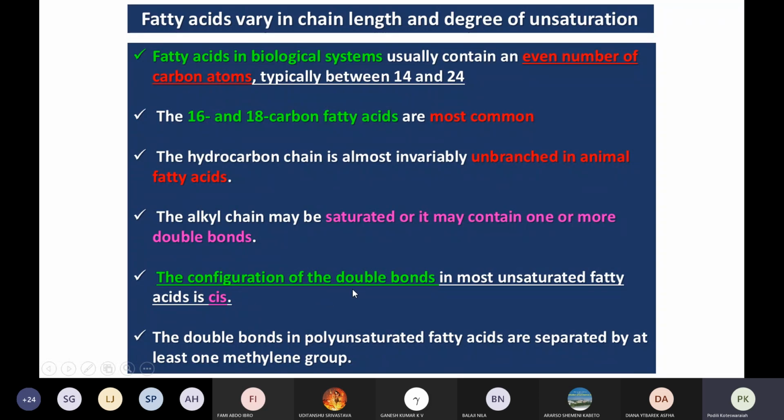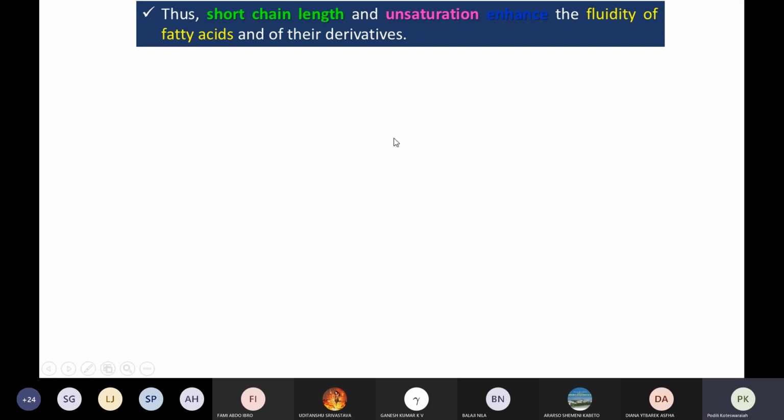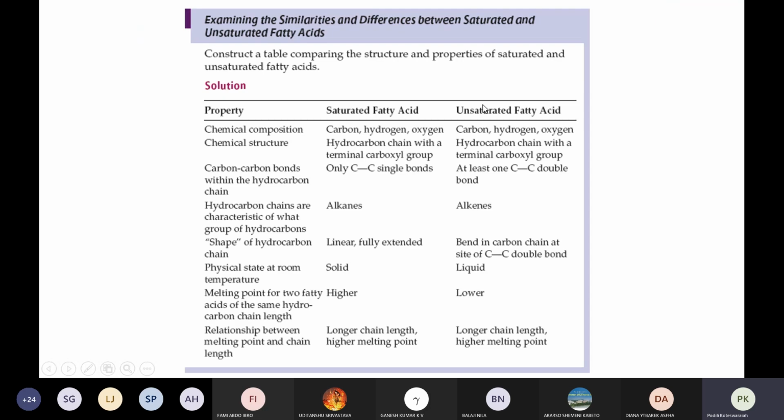With increasing carbon chain length, the melting point increases. With increasing number of double bonds, the melting point decreases, and you need to remember this. And with increasing unsaturation, the fluidity of the fatty acids also increases. That is also important here.